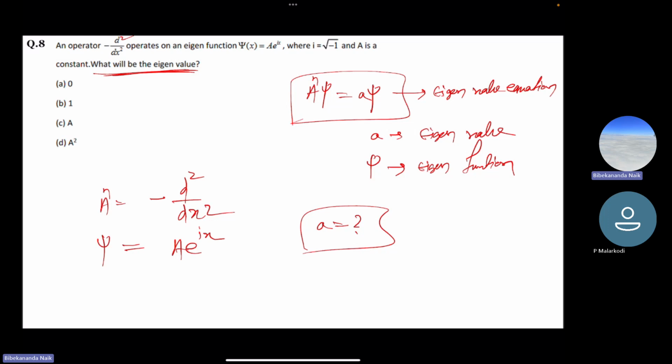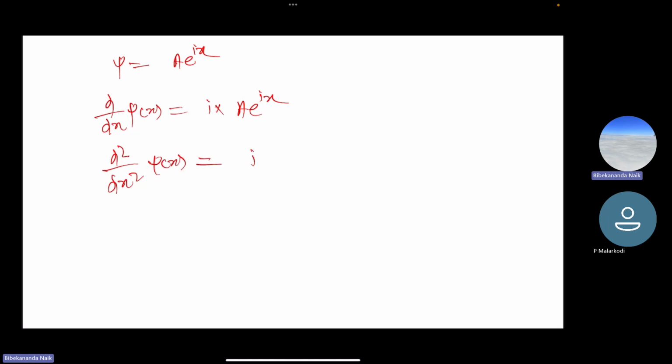So if you see this particular problem, it is d square by dx square. We know psi is a e to the power ix. So d by dx of psi x is i into a e to the power ix, and d square by dx square psi x will again be i into i a e to the power ix.